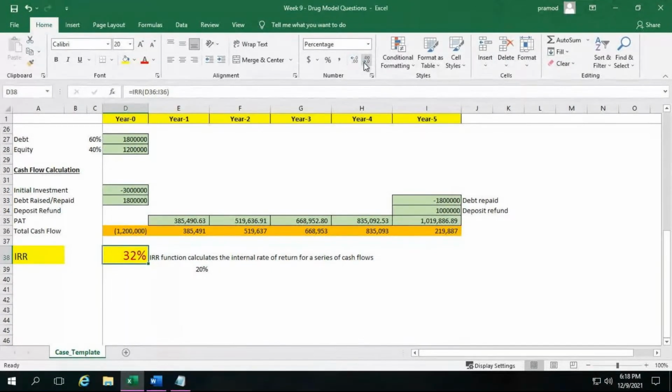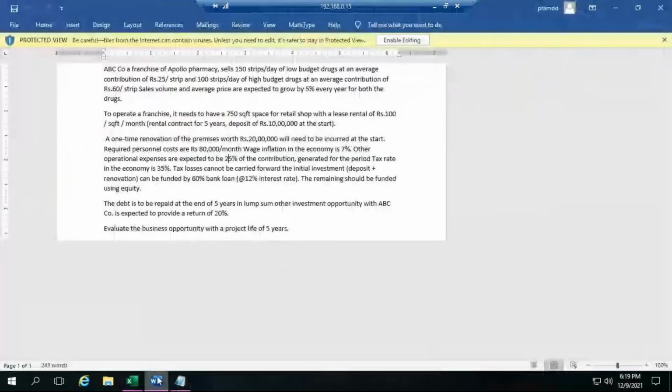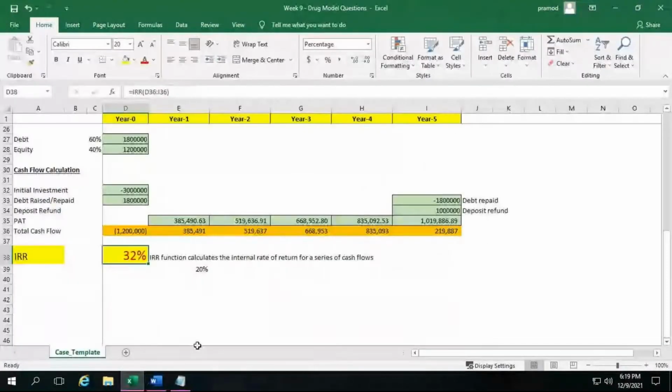Sir, it is in general, sir. You may change it to percentage. Now I'll try, sir. Are you getting it?